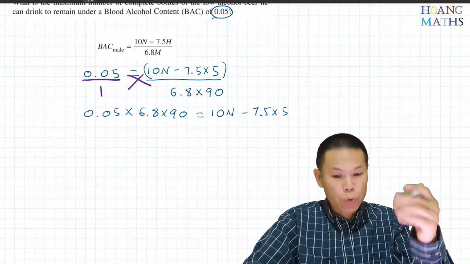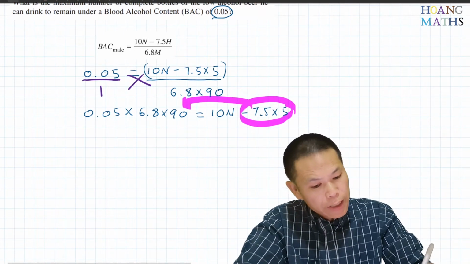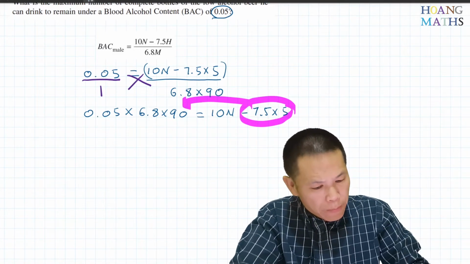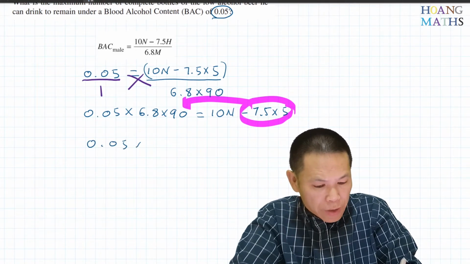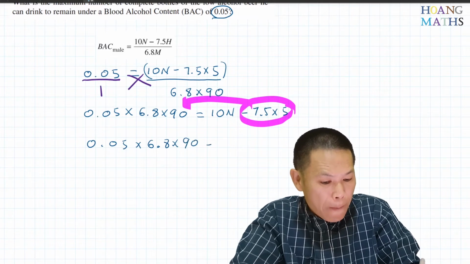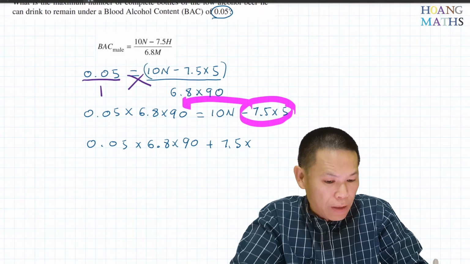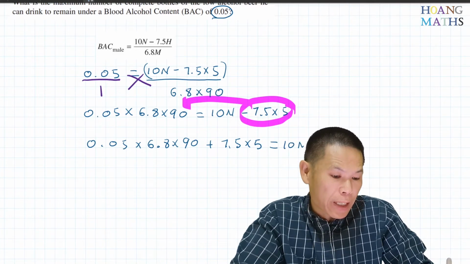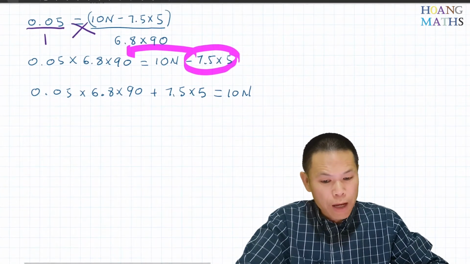Now I just move these terms to this side so it becomes positive. That will give me 0.05 times 6.8 times 90 plus 7.5 times 5, and that is equal to 10N. There you go.